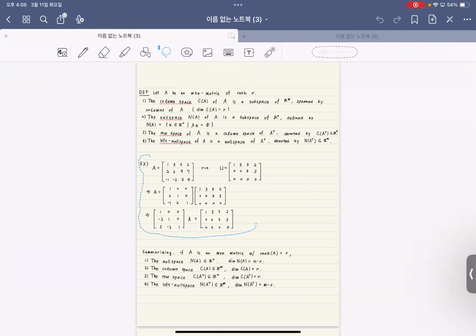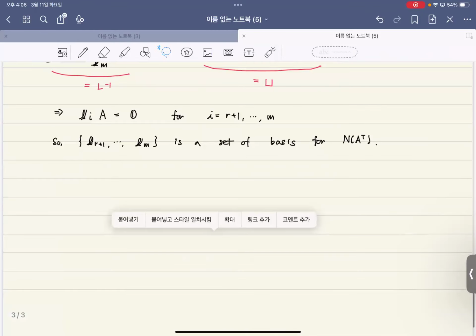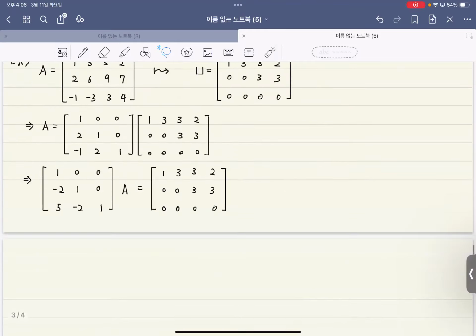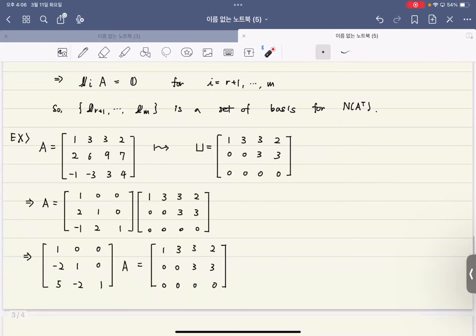I have prepared a little example of this. This is my matrix, a 3 by 4 matrix. We have seen this matrix many times before. By taking the echelon matrix U, this is the echelon matrix. And I can also think of the LU factorization of this matrix.